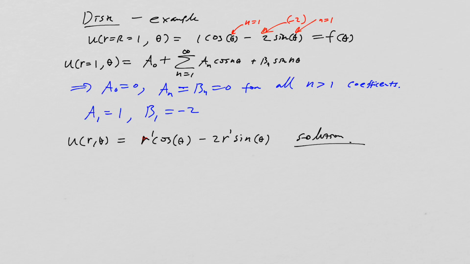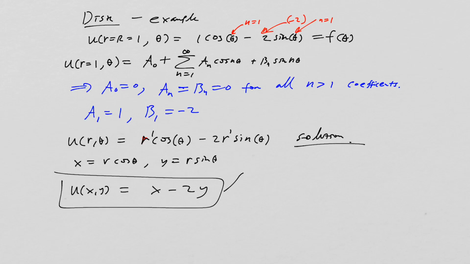Okay, so it might be worth doing a little bit of conversion here. We know that x is equal to r cosine theta, and y is equal to r sine theta, right? So another way to write this in Cartesian coordinates is x minus 2y. And we can ask ourselves, so this satisfies the boundary conditions, okay? And the question is then, does it satisfy Laplace's equation?